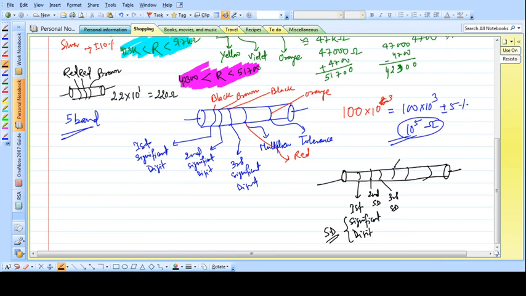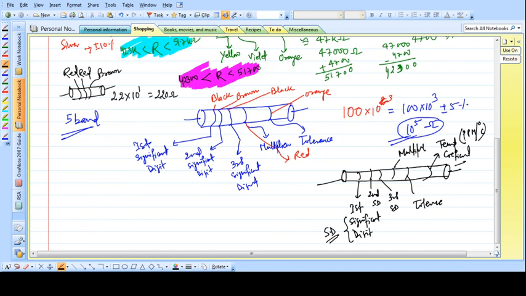Then the next one is our multiplier, then tolerance, and the last one is the temperature coefficient. We academic people do not use the 6-band system much; most of the time we are busy with 4-band and 5-band resistances. Temperature coefficient means how the resistance value changes depending upon the temperature, and its unit is ppm, parts per million per degree centigrade.